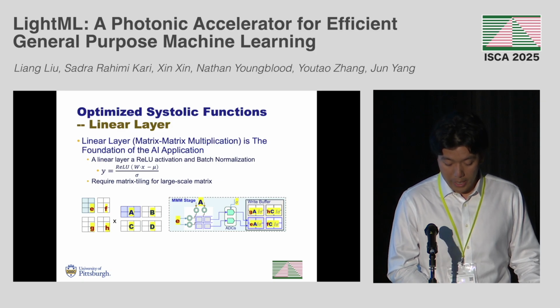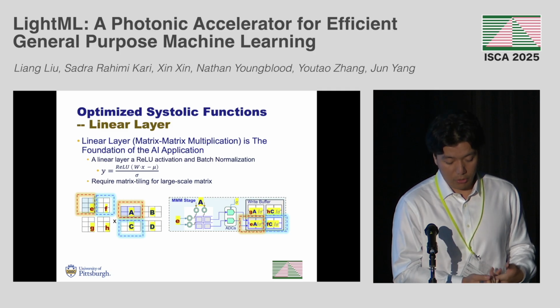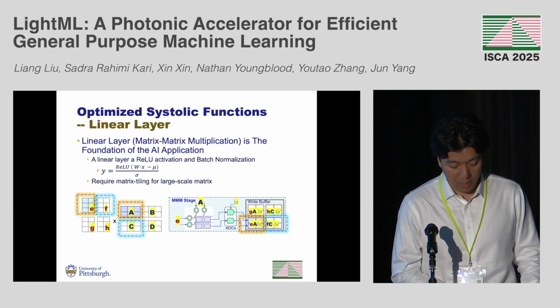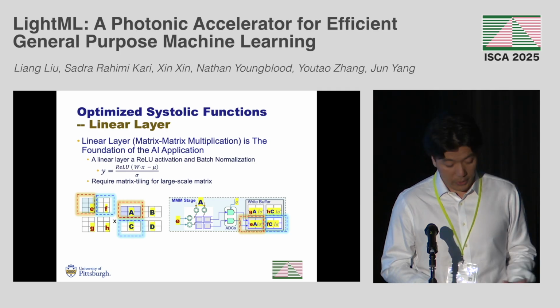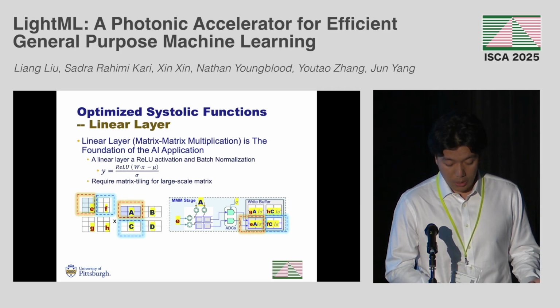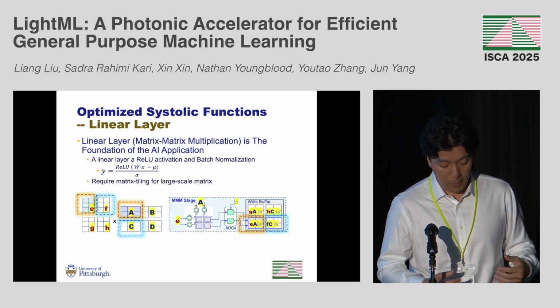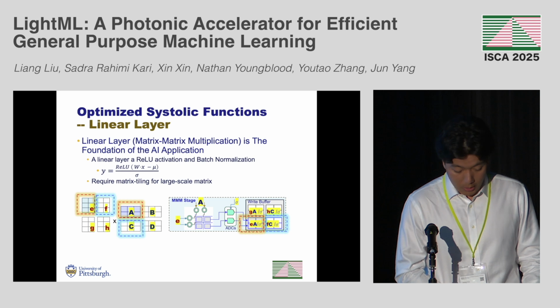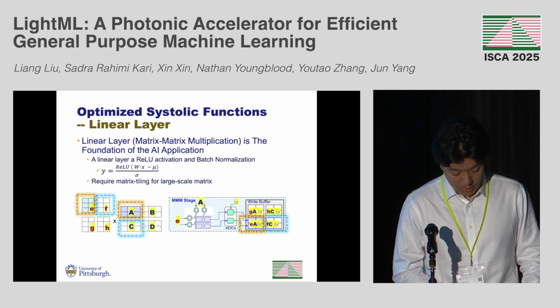Suppose that we have two matrices that are tiled into 4 partitions. We first compute the multiplication for each pair of submatrices and write the intermediate results into an on-chip buffer. After the multiplication is done, we need to conduct the add operation to combine these intermediate results together. For example, we need to add the matrix EA with the matrix FC.